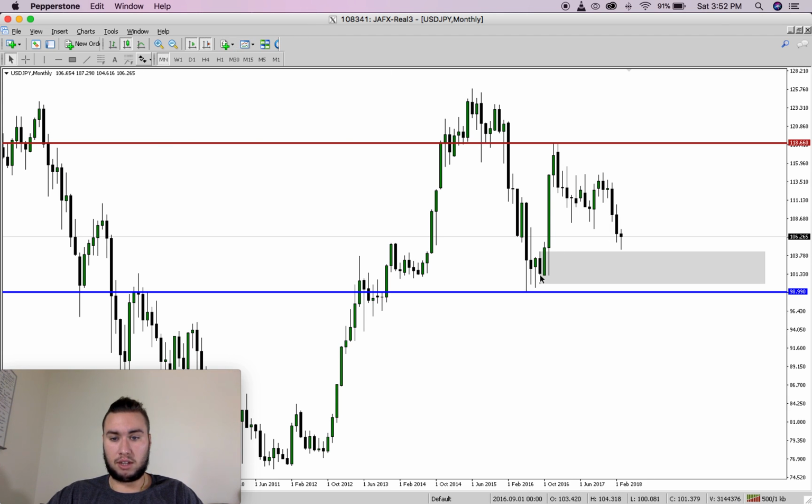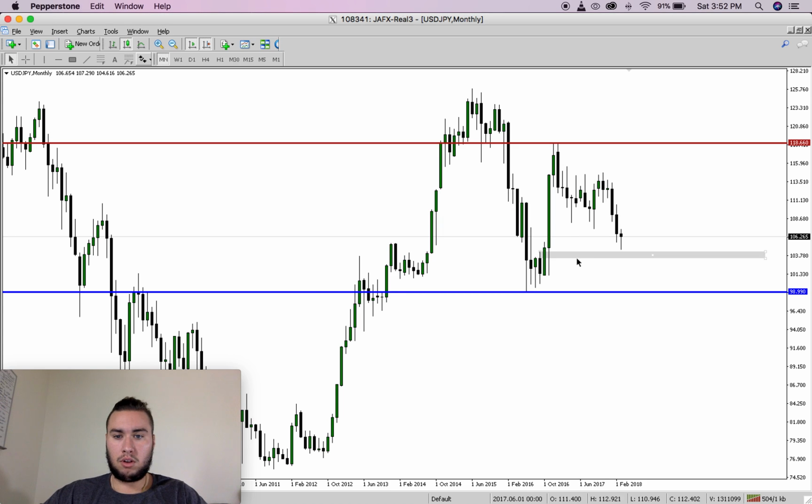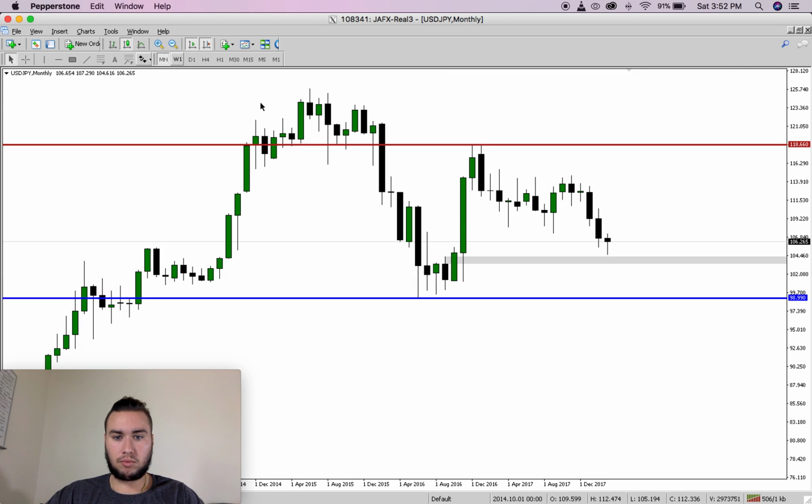So let's mark this out real quick. The high of this candle is 104.318, and the open is 103.42. What ICT teaches is that it should find support between the high and the open of the candle, and it could come deeper into the candle, but you just don't want to see the low of the candle break.